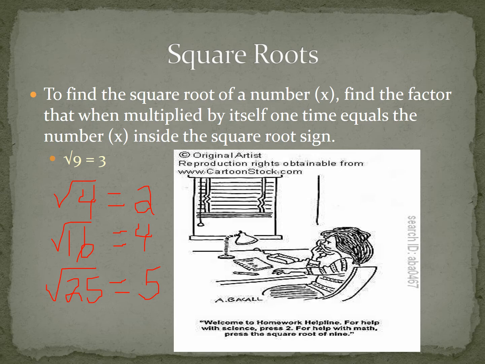All right, so when we're looking at a square root of a number, something times something equals the value, so you have to have the two factors basically equaling the product.